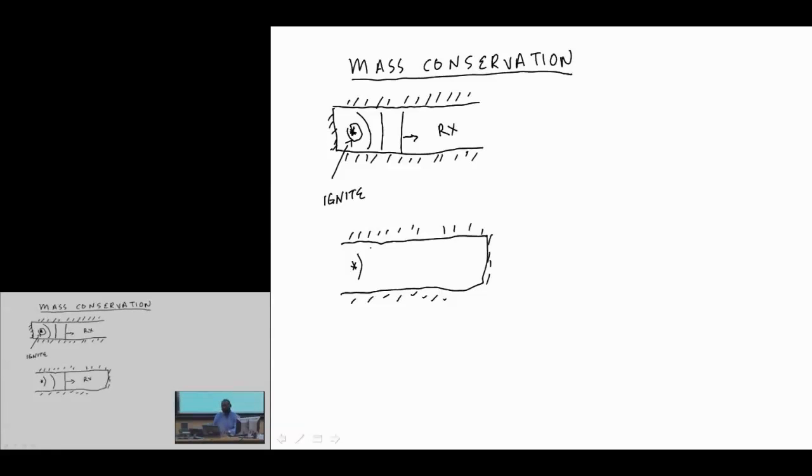So, in both cases, we have some observed velocity of the flame. And what I'd like you to think about is which one is moving faster and why, okay? So the way we can treat this is, let's forget about the initial ignition process.